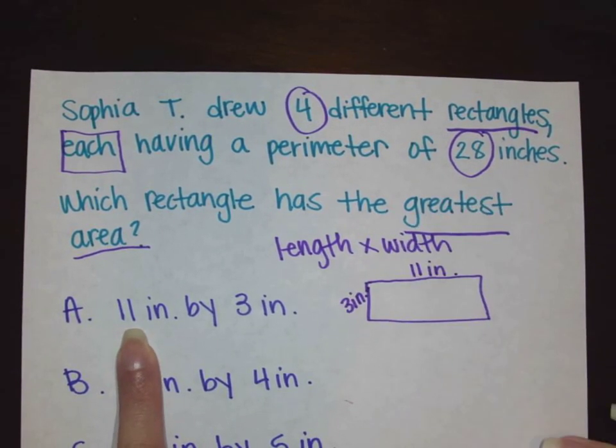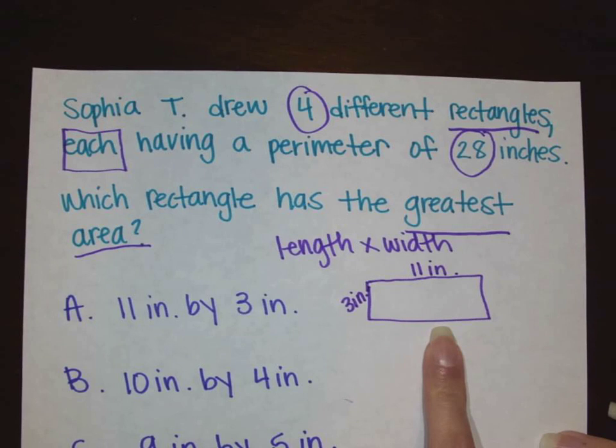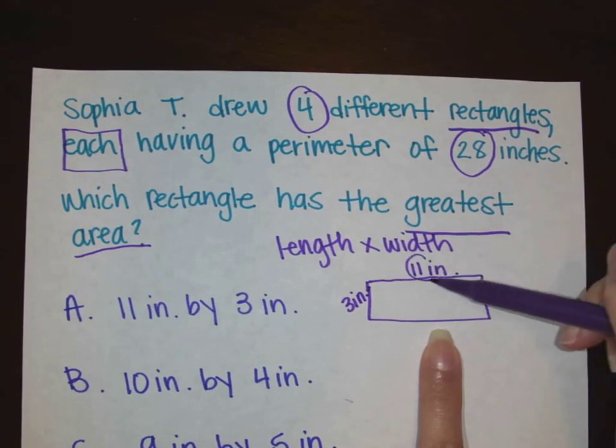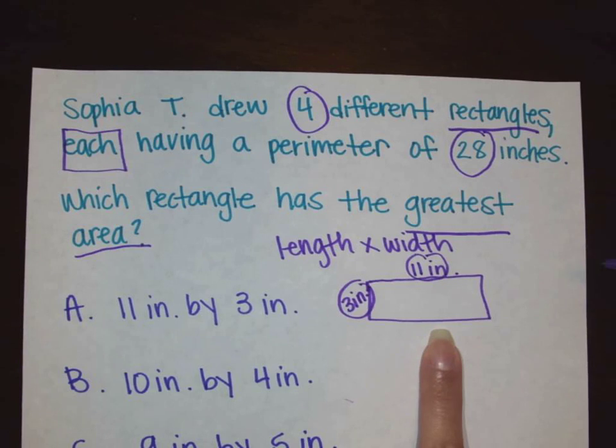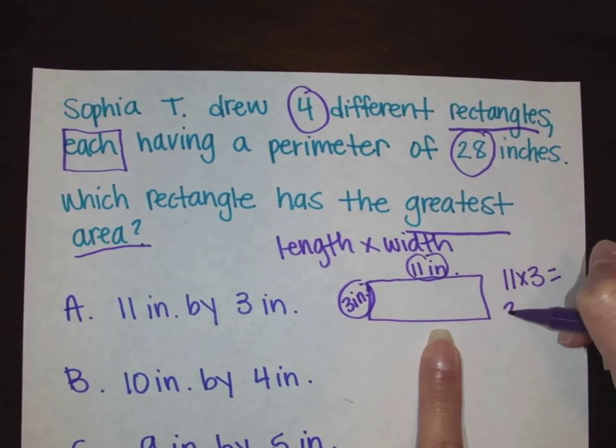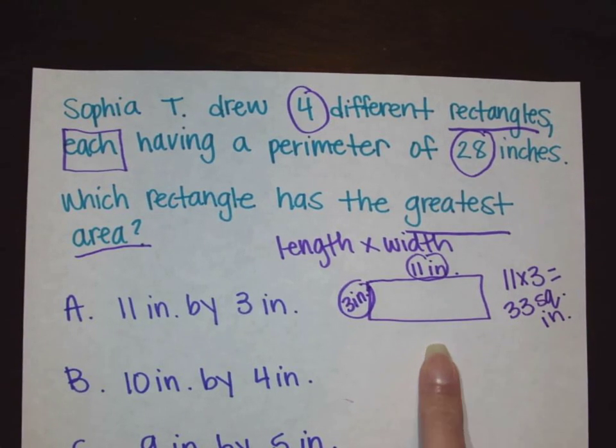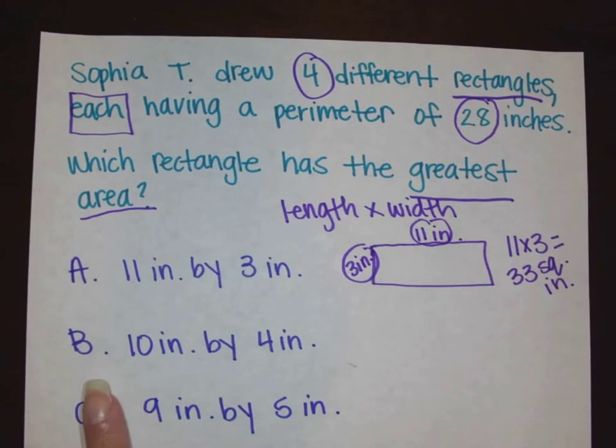That's what her first rectangle looks like. So we're trying to figure out which of her rectangles has the greatest area. Well, if area is length times width, 11 inches times 3. We're multiplying 11 times 3, and that is 33 square inches. Keep that in mind.